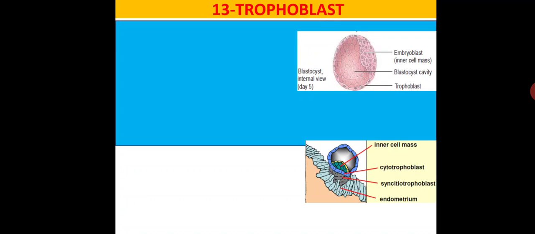So the first question is trophoblast. This question comes from general embryology. So what is trophoblast? As a 2 mark question, trophoblast is, after fertilization on the 4th day, while forming the blastocyst, 2 distinct cell populations arise.